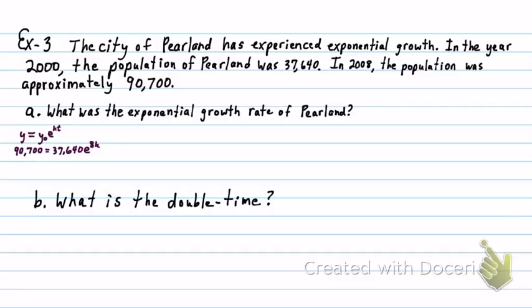And that was in a period of 8 years, since the population since 2000. So this is the equation we need to solve for k so that we know the growth rate. So we'll divide each side by 37,640.